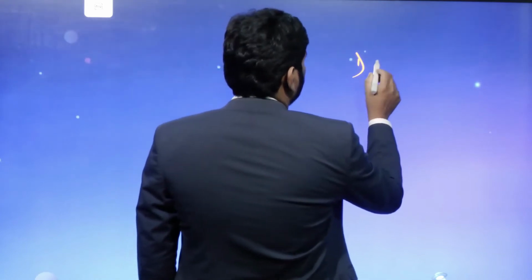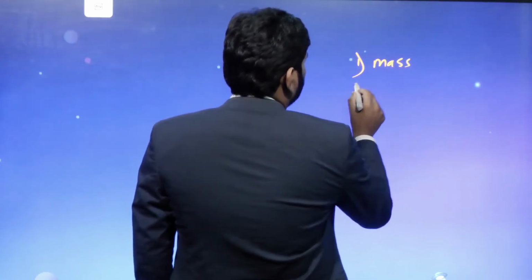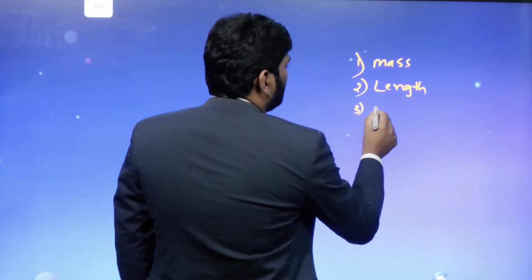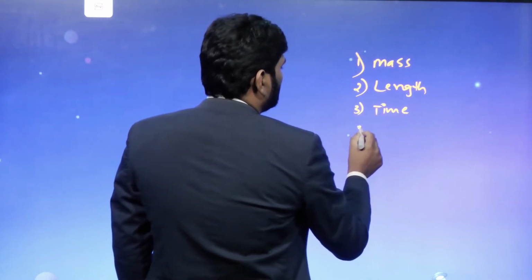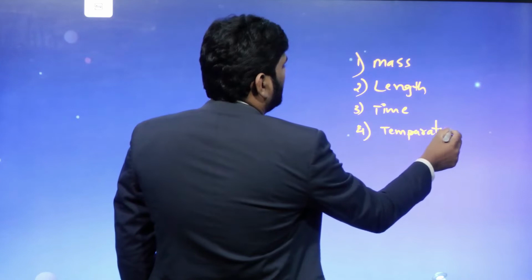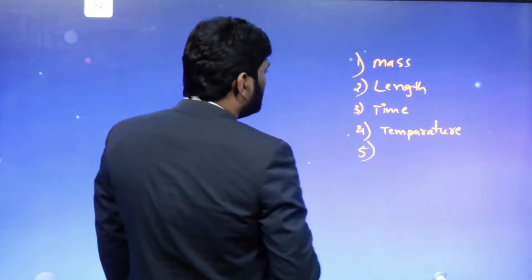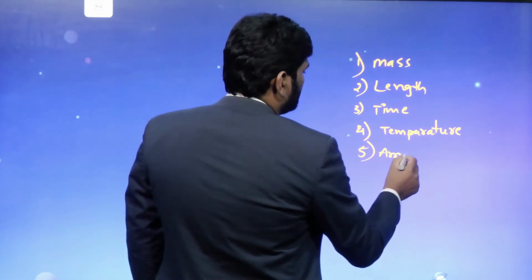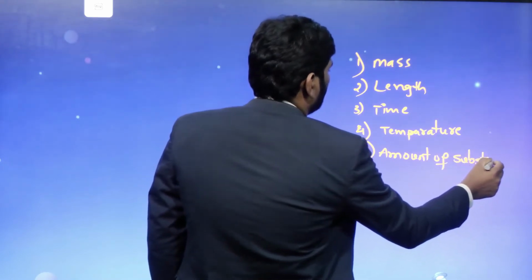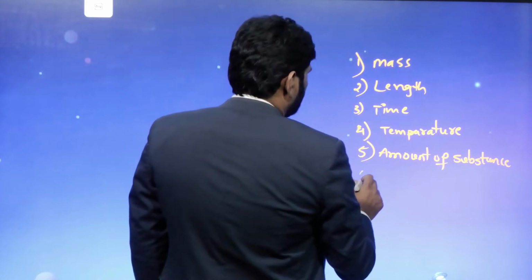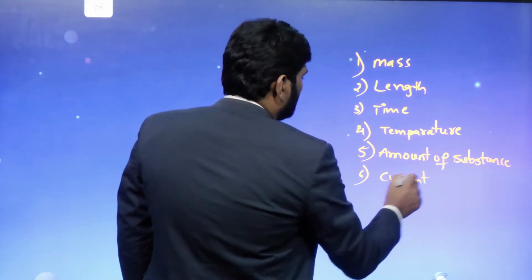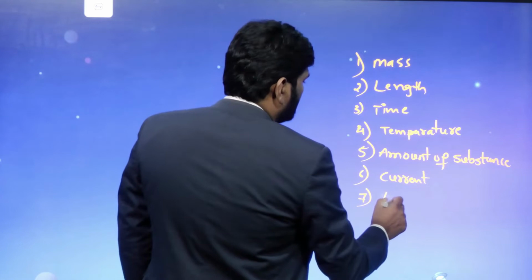First physical quantity is mass, second is length, third is time, fourth is temperature, fifth is amount of substance, sixth is current, seventh is luminous intensity.